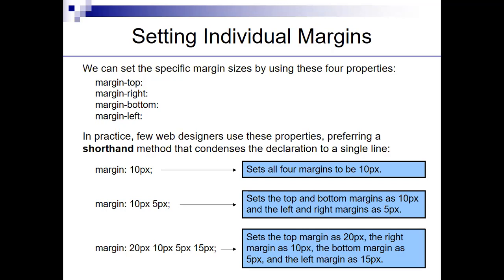I'll give you a way that you can incorporate all these top, right, bottom, left at a go, without breaking them down, as you can see. So 10 pixel sets all 4 margins around. We also have 10, 5, which sets the top and bottom margins, and the left and right margins.